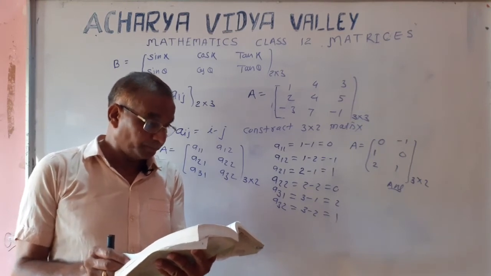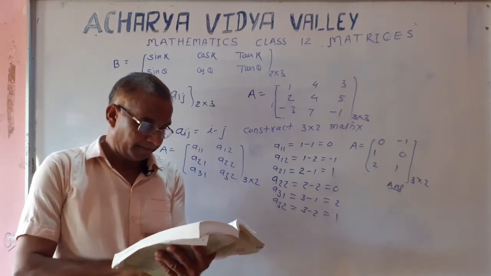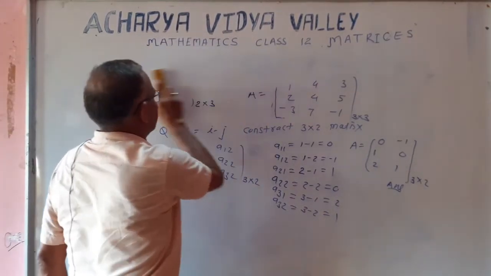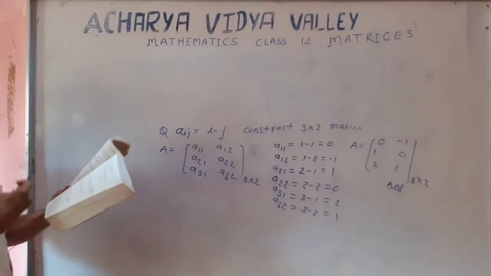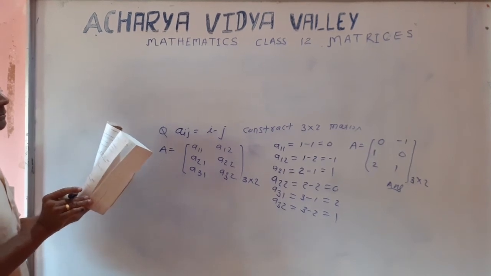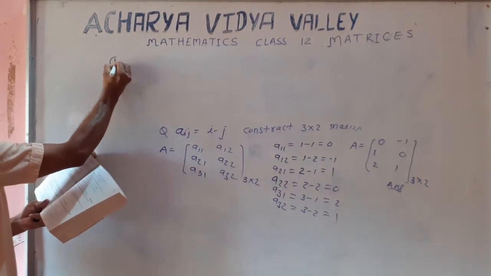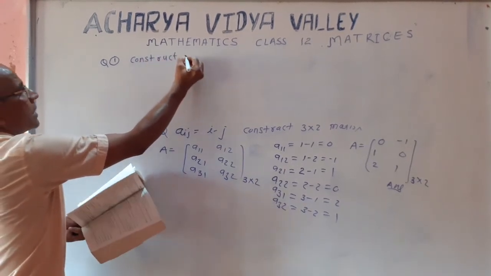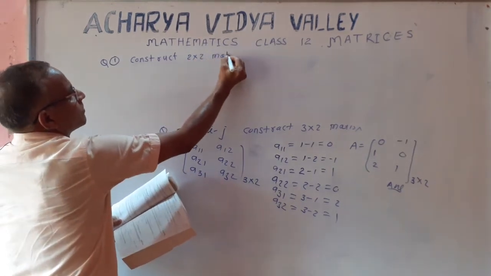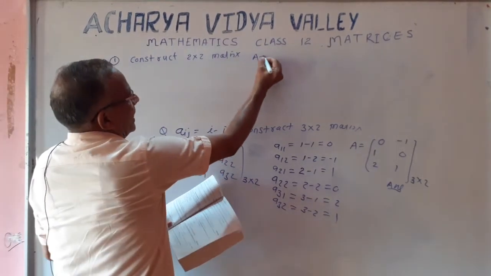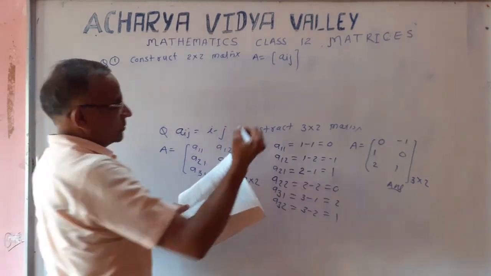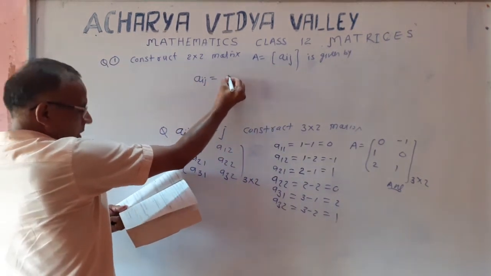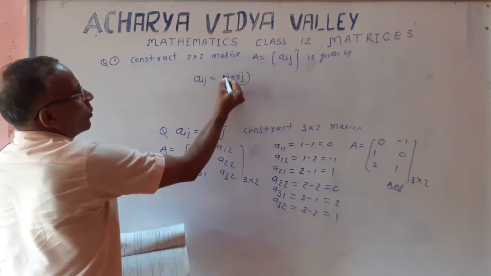So write the questions. Question one: construct a 2 by 2 matrix A equal to Aij, which is given by Aij equal to (i plus 2j) upon 2, whole square.